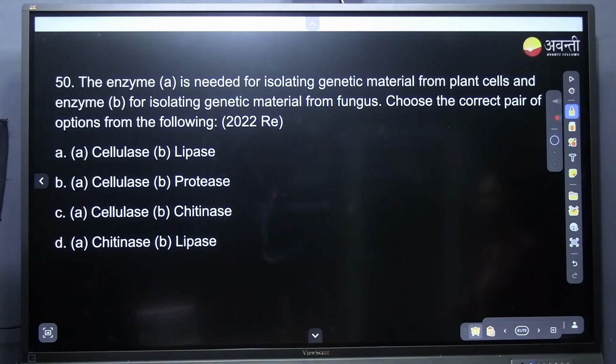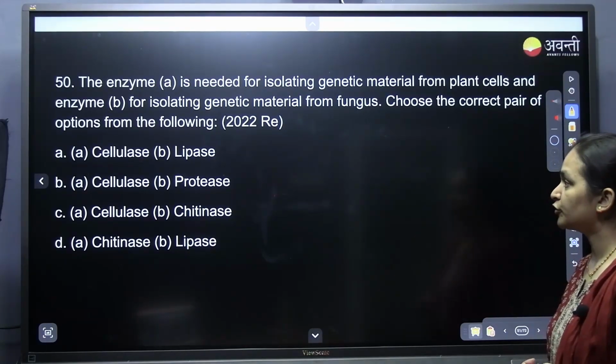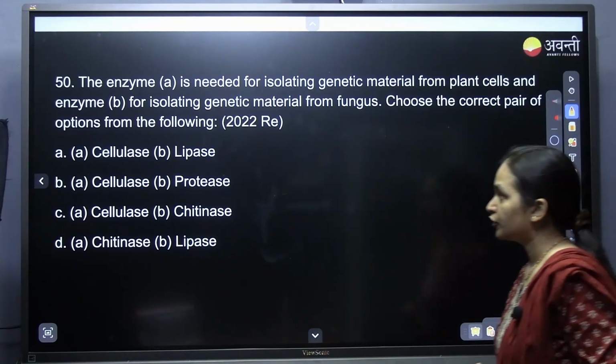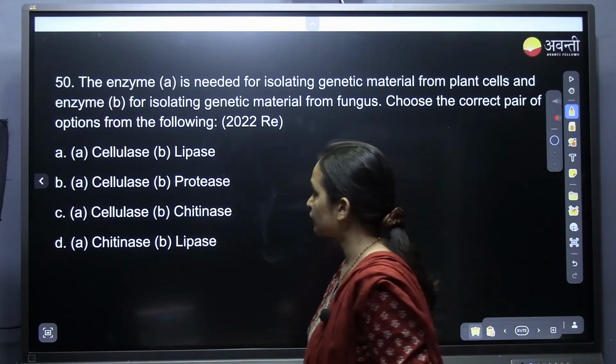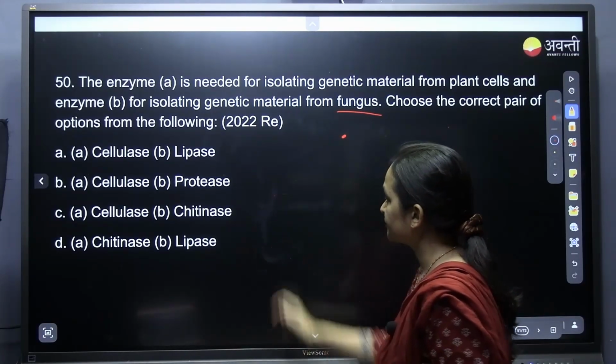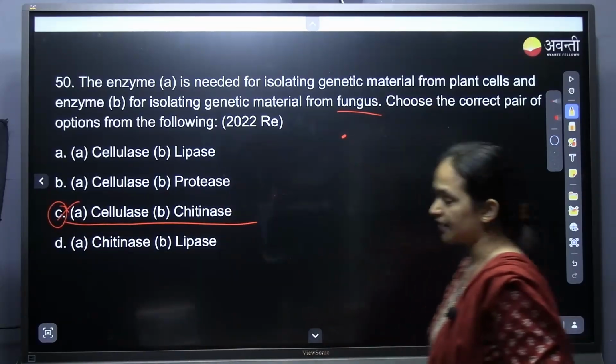Enzyme A is needed for isolating genetic material from plant cells, and enzyme B for isolating genetic material from fungus. Choose the correct pair. For plant it should be cellulase, and for fungus it will be chitinase. C is the correct answer.